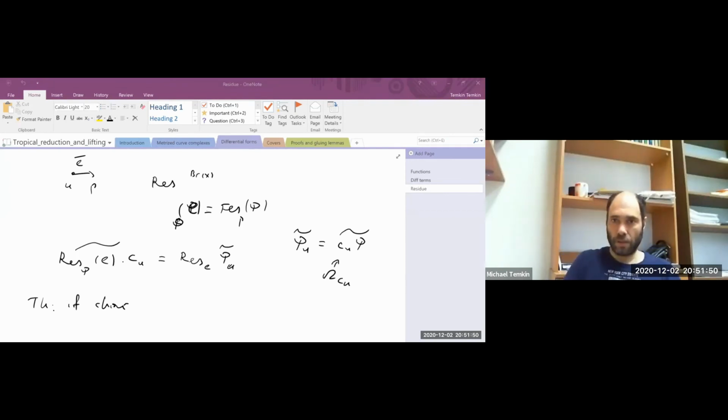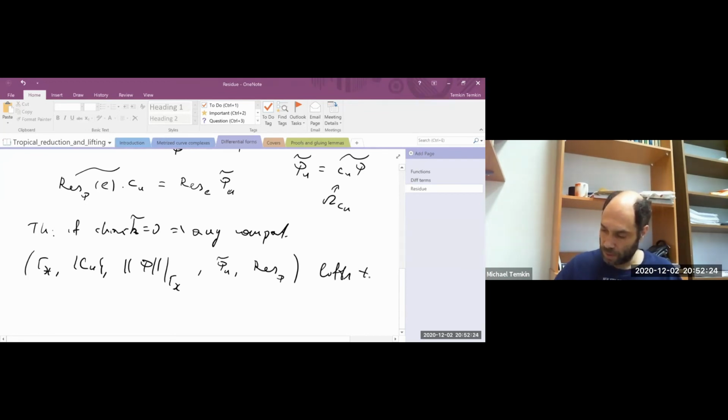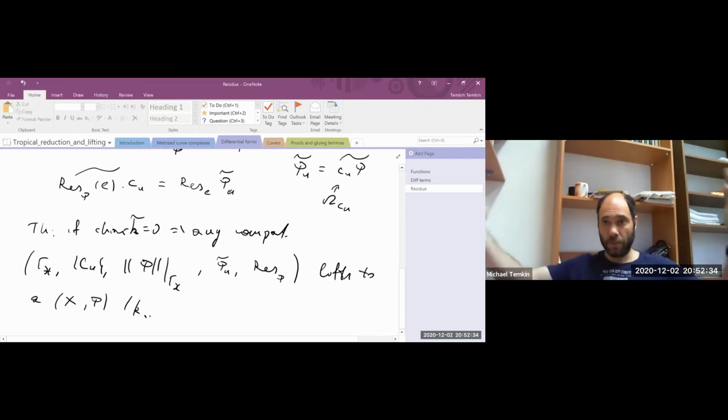Then any compatible datum gamma x, Cu, absolute value of phi, just a piecewise linear function on x, and reductions and the residue function, lifts to a pair x and phi over K. So such a tropical reduction datum can always be lifted if it's compatible, satisfies all conditions I listed, and the residue characteristic is 0.